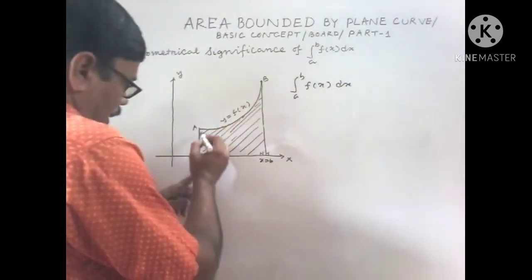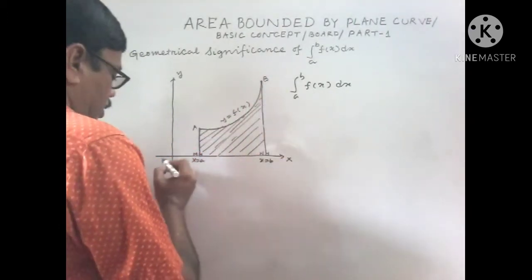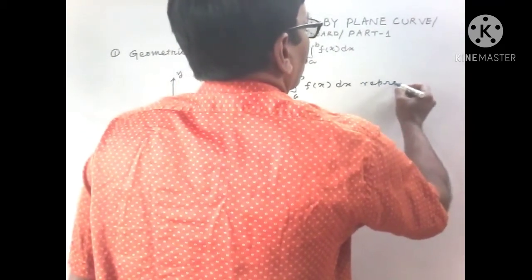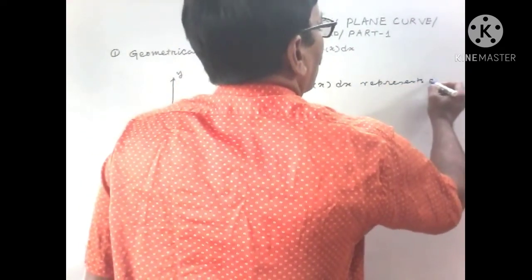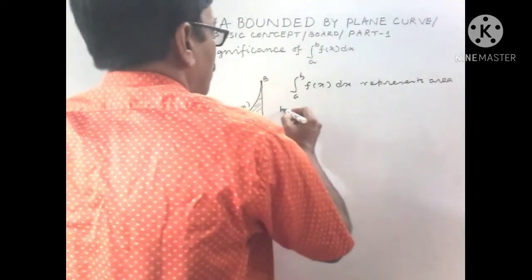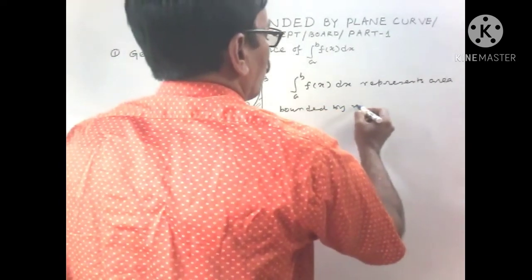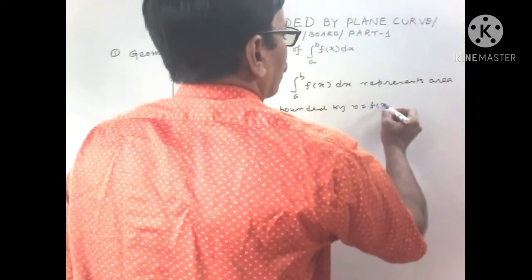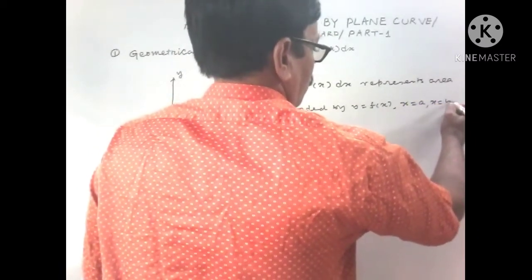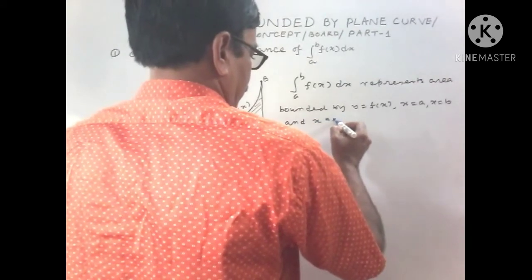Look, from this figure, the curve, x equals a, x equals b, and the x-axis also represents the area bounded by y equals f(x), x equals a, x equals b, and the x-axis.